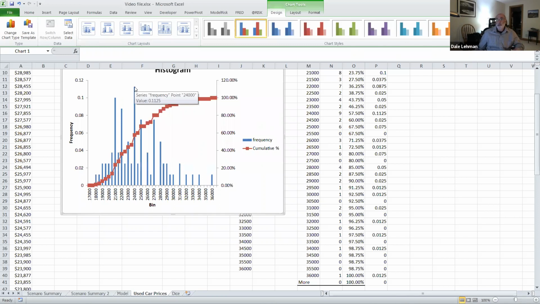So I could interpret that as the probability that my actual residual value will be in that range: a little over 11%.